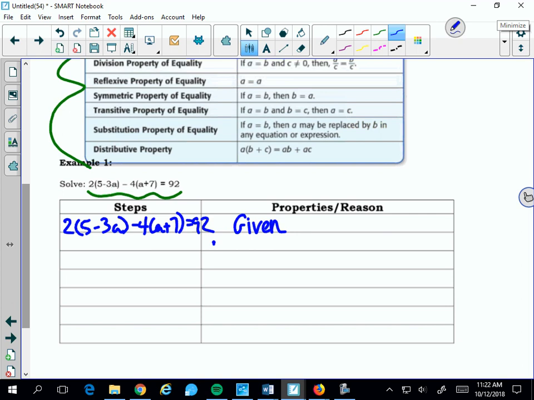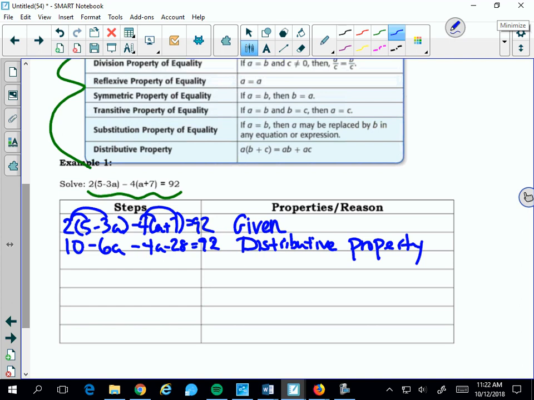So the first thing I'm going to do is distribute these. So 10 minus 6a minus 4a minus 28 equals 92. The reason I know that is because of the distributive property. Okay, so that's not too bad, because that's something we use relatively regularly.